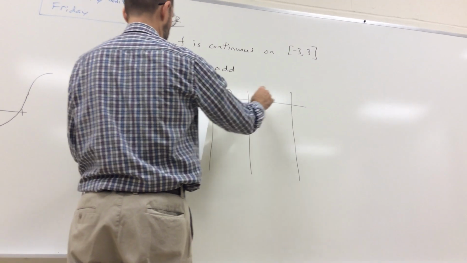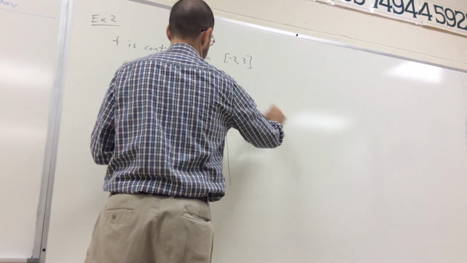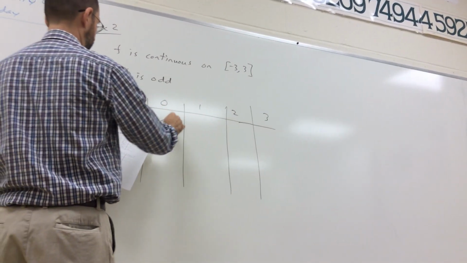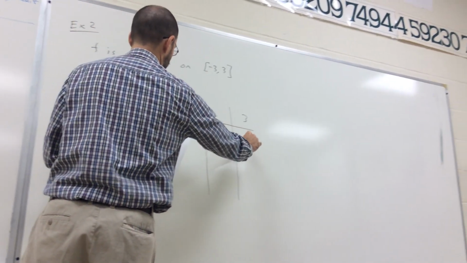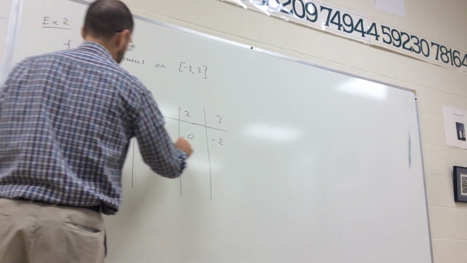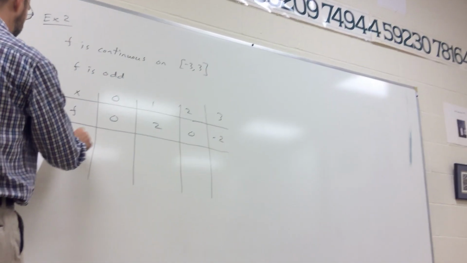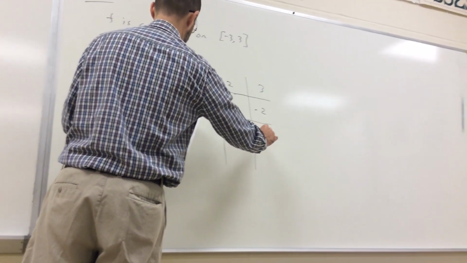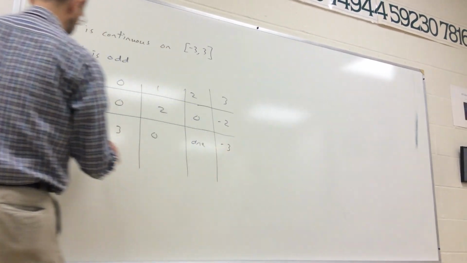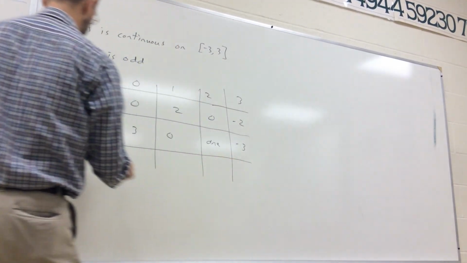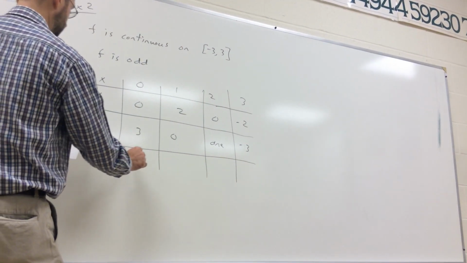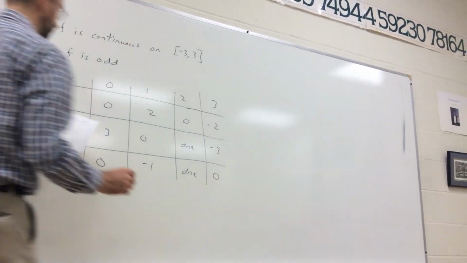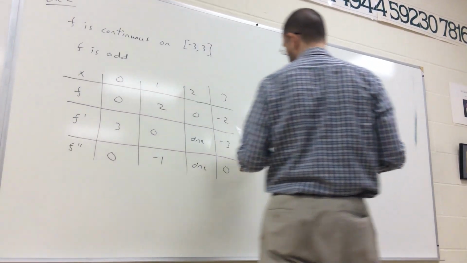So when x is 0, 1, 2, and 3, f is 0, 2, 0, and -2. And then f prime is 3, 0, doesn't exist, and -3. And then f double prime is 0, -1, does not exist, and 0. So there's some values given.